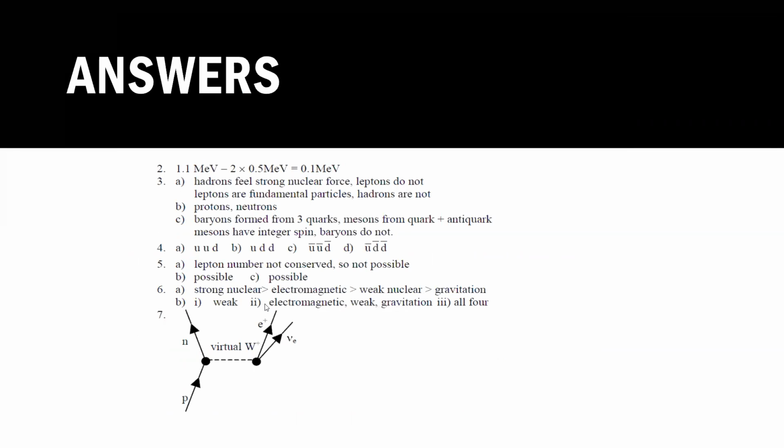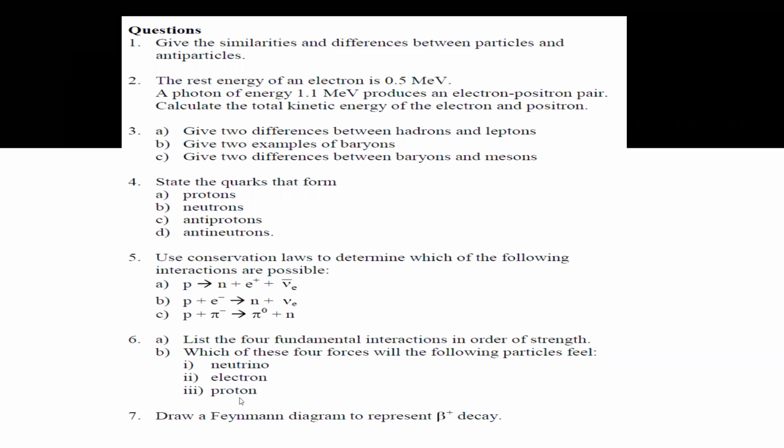So weak nuclear, gravitational, and electromagnetic. And proton has a charge as well, and a mass as well. Proton consists of quarks, and quarks can experience both strong and weak nuclear force. Mostly strong nuclear, but weak nuclear is also there. So all four forces exist within this.